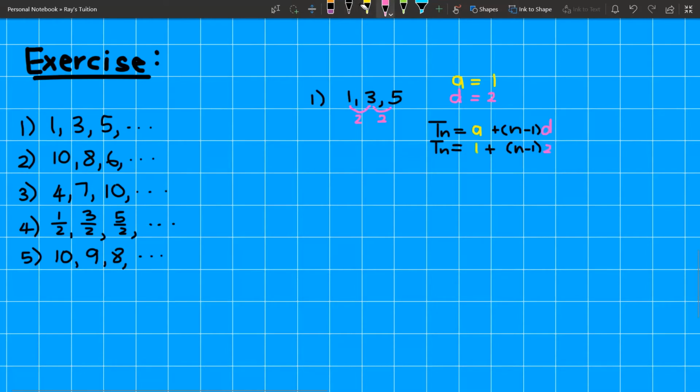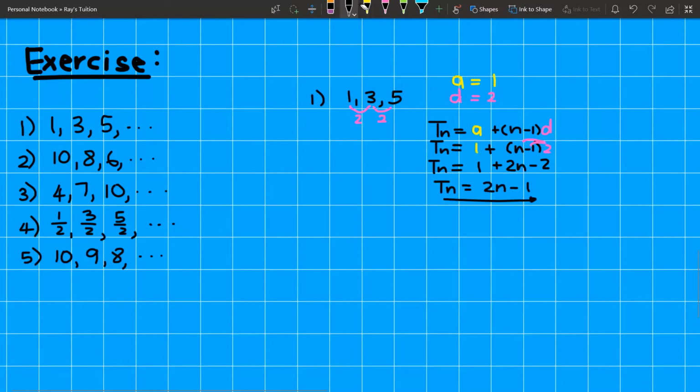We multiply the D to both of those terms. So then we get 1 plus 2n minus 2. And if we simplify it, we get it in the other form. So this is 2n minus 1. And that is the general formula of our linear sequence.